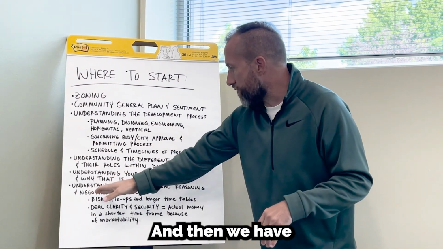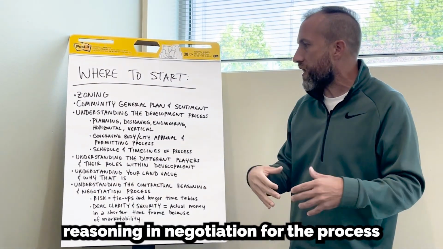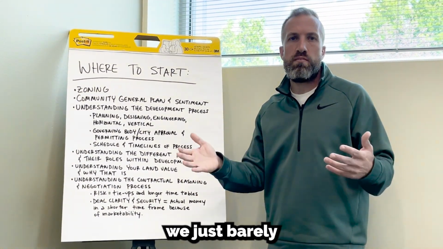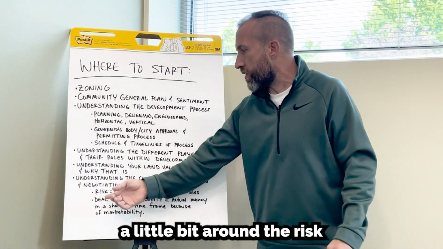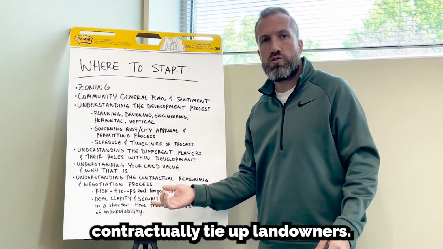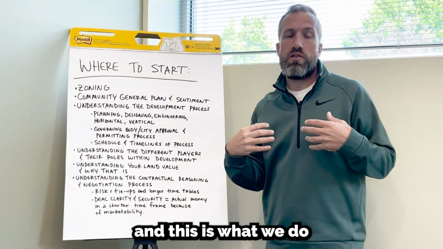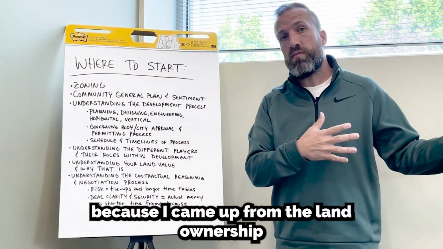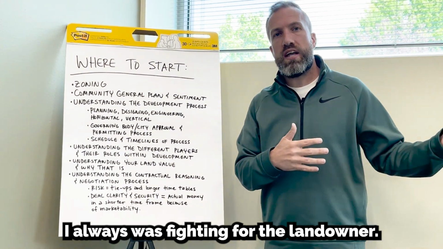And then we have understanding the contractual reasoning and negotiation for the process. We just barely discussed that a little bit, or I just talked a little bit around the risk and why people contractually tie up landowners. So if I'm a landowner, and this is what we do, because I came up from the land ownership side, I always was fighting for the landowner.